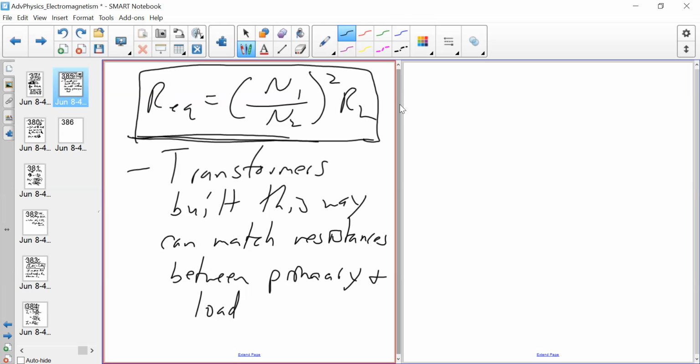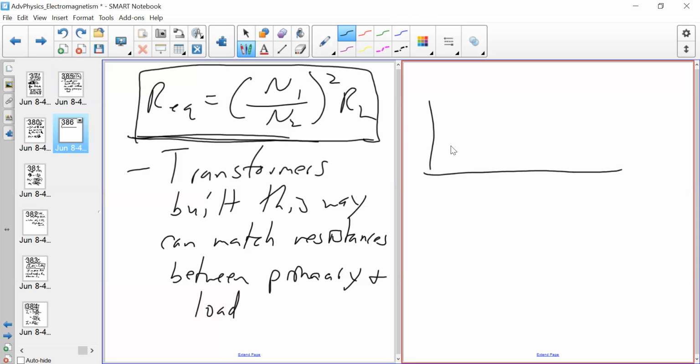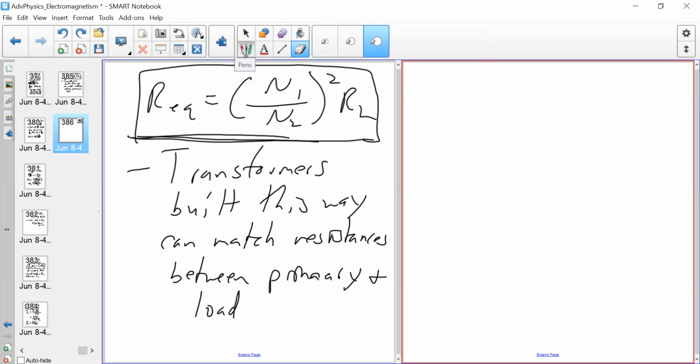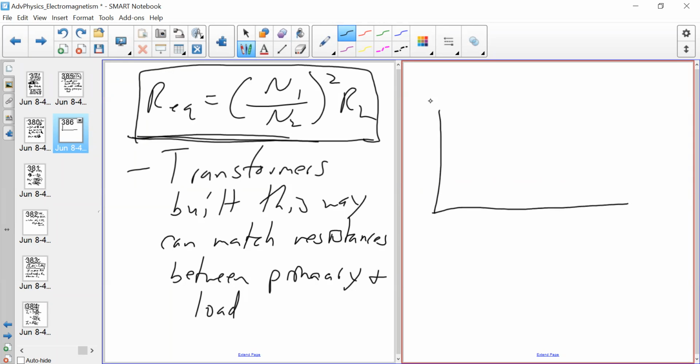Basically what that looks like is you're going to chop off part of the AC, and you're just going to have peaks that look like that. Let me make that drawing better. So you're using only half of the signal per se.